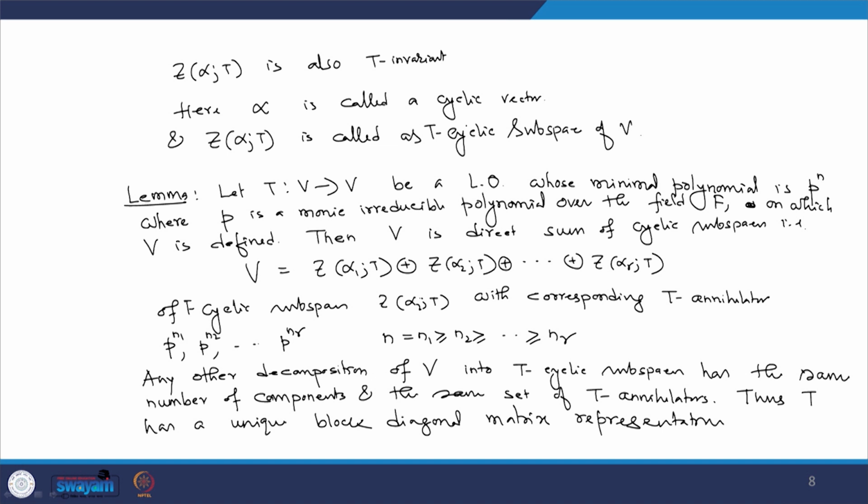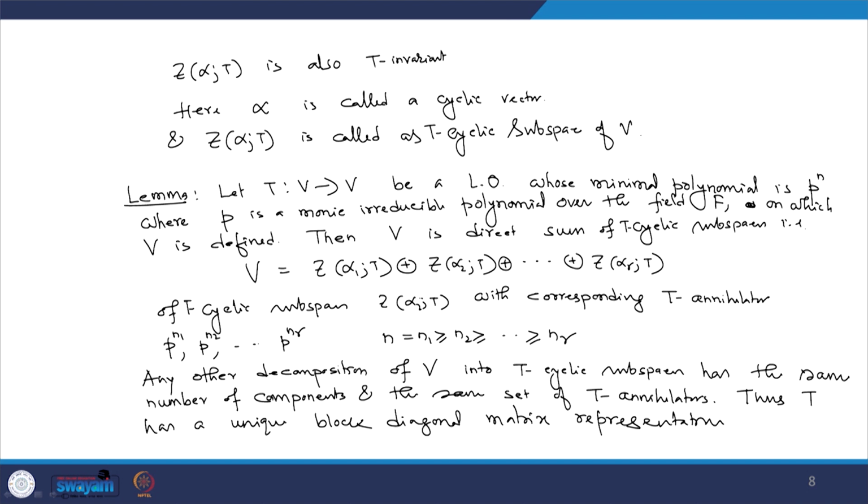Then V will have a direct sum decomposition of T cyclic subspaces. I mean there will be some vectors alpha 1, alpha 2, ..., alpha r such that V will be exactly equal to Z(alpha 1, T), Z(alpha 2, T), up to Z(alpha r, T).